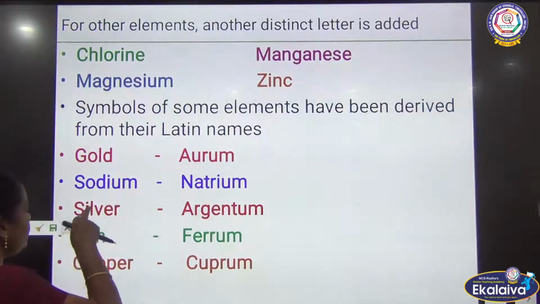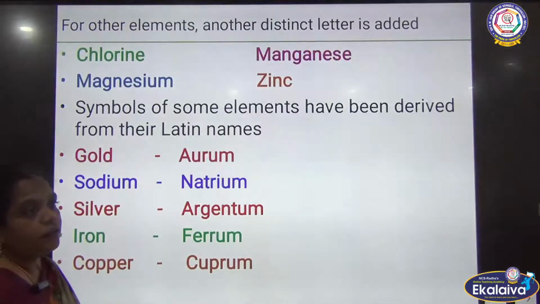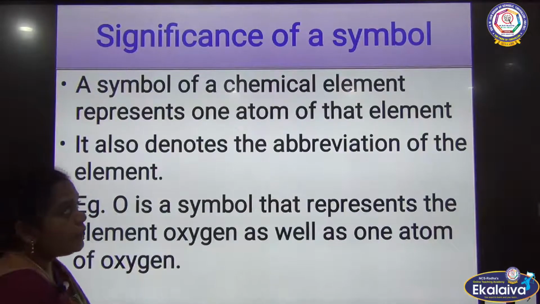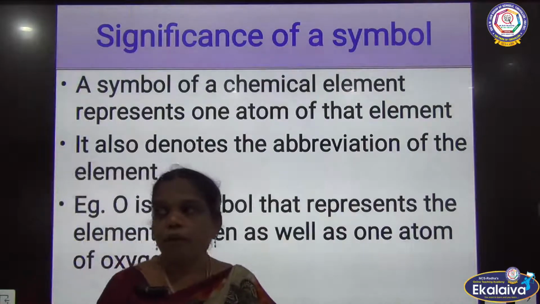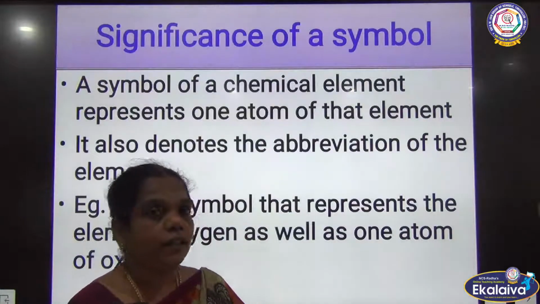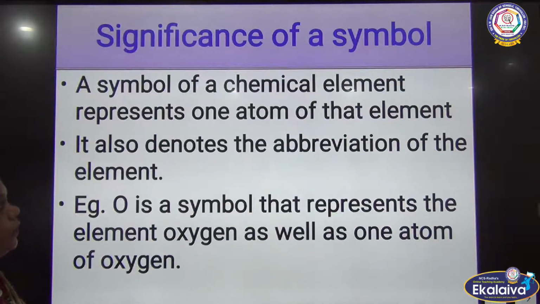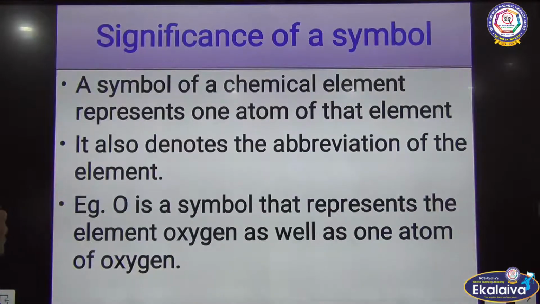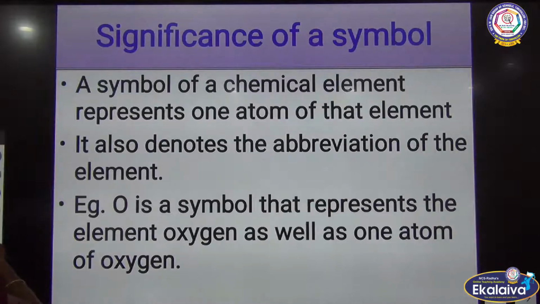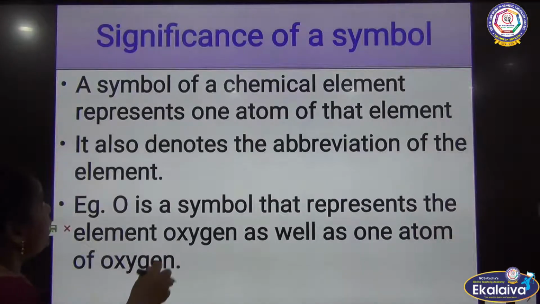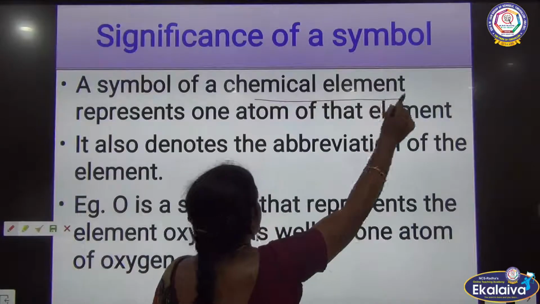Zn? Zinc. So like that we assign the symbol for easy representation. So what is the significance of the symbol? What is the use of using the abbreviation? Because the symbol, the chemical element can be represented.